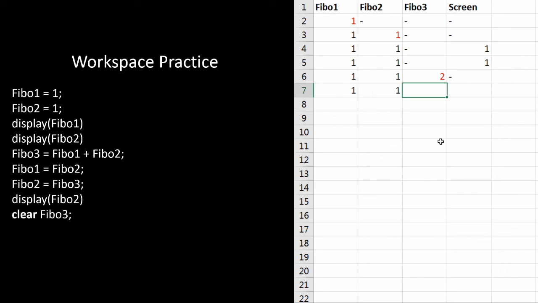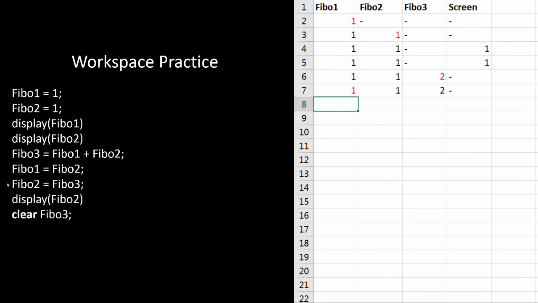That stays 1. We're going to highlight this here because even though the value strictly hasn't changed, we have assigned it a new value. But in this case, the new value is the same as the old value. Fib2 stays the same. Remember, we're looking at this line, Fib1 equals Fib2. Fib3 is still equal to 2, and we have no screen output.